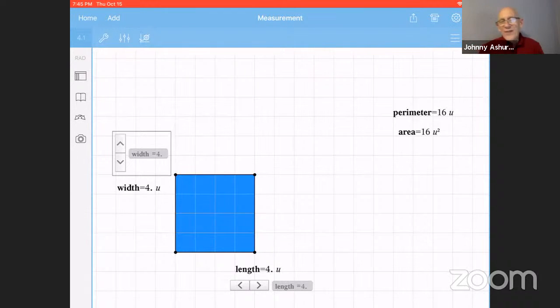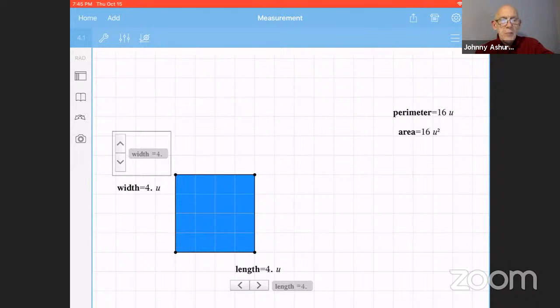Oh, thank you. This is such a common mistake at a high school level that students see those and think, I have the same value. And yet, let's talk about the 16 units for perimeter.